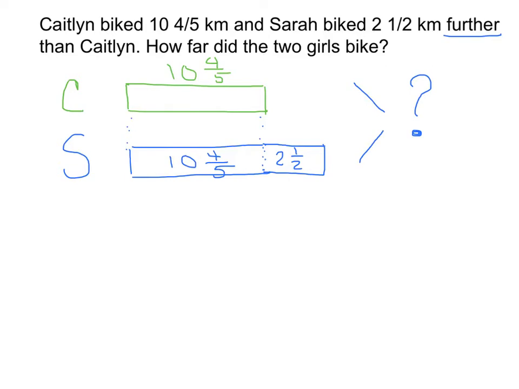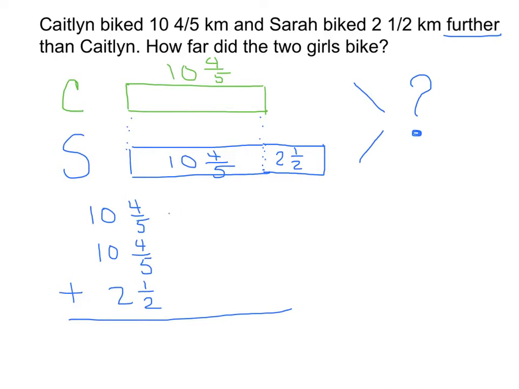I've just got to find out the total. So I'm going to add 10 4/5 plus 10 4/5. So that's Caitlin's part and the part that Sarah biked that was the same as Caitlin's, but we know that we have that 2.5 that Sarah biked further than Caitlin. I'll just add all those together.